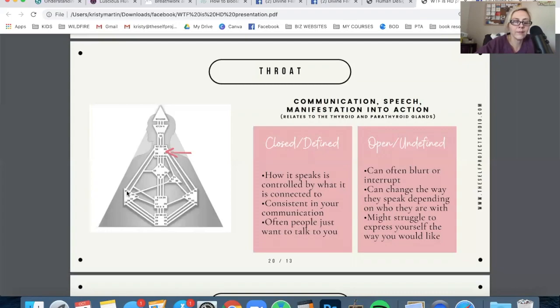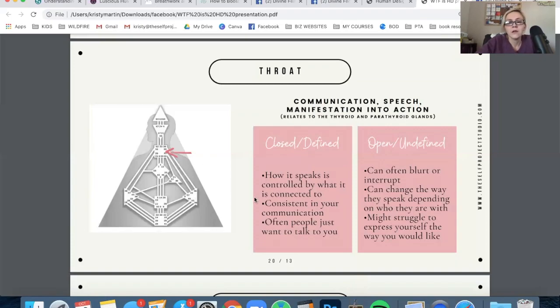And say you're connected here, you might like to talk a lot about your fears because the spleen is fear based. If you're connected to the solar plexus with a full defined channel, you are probably going to like to talk about your feelings or emotions a lot.